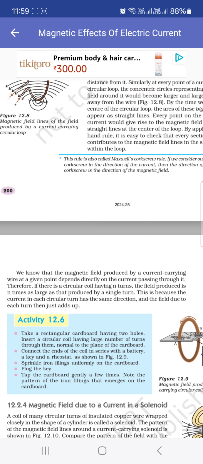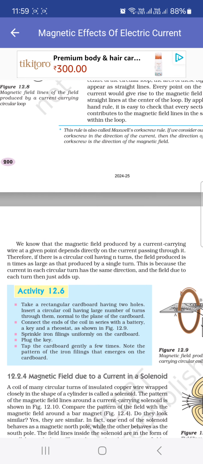The magnitude of the field produced by a current carrying circular loop at its center is directly proportional to the current passing through the loop and inversely proportional to the radius of the loop.